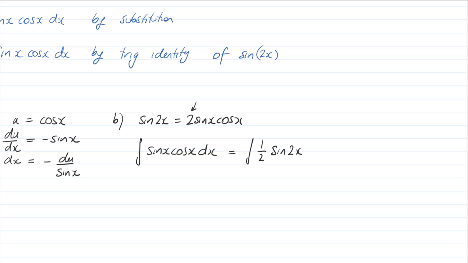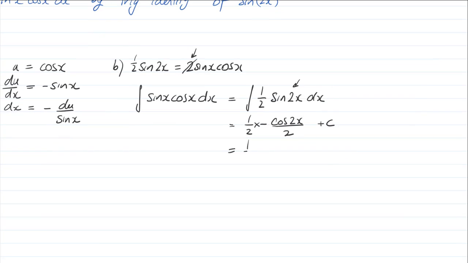So I've halved both sides of this relationship to get rid of that 2, and I'll get a half out the front there. dx, and this I can integrate because it's a single trig function. So I get a half, and sine integrates to negative, so let's put a times there, times negative cos 2x, but I have to divide that by 2 as well because of this 2 here, plus c. And of course this is equal to negative 1/4 cos 2x plus c.